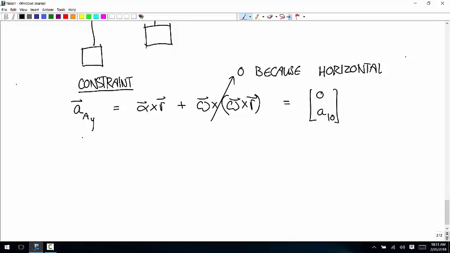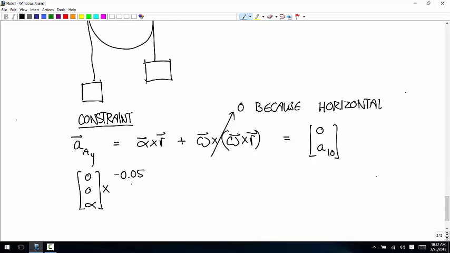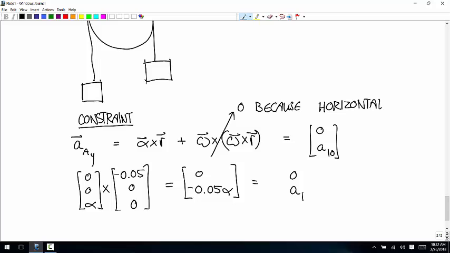So our equation says 0, 0, alpha crossed with the r vector, which is negative 0.05, 0, 0, which is equal to 0, negative 0.05 alpha, and that is equal to 0, A10.